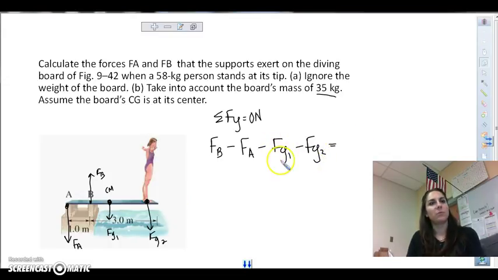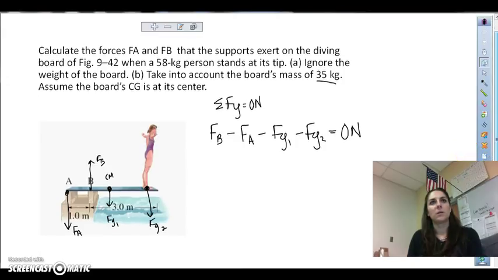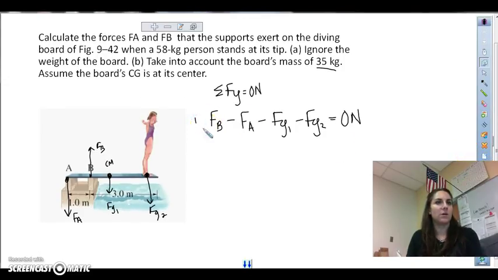I said mg, but remember FG is mg. And there we go. So we're left again with the 2 unknowns. This is going to be my second step.